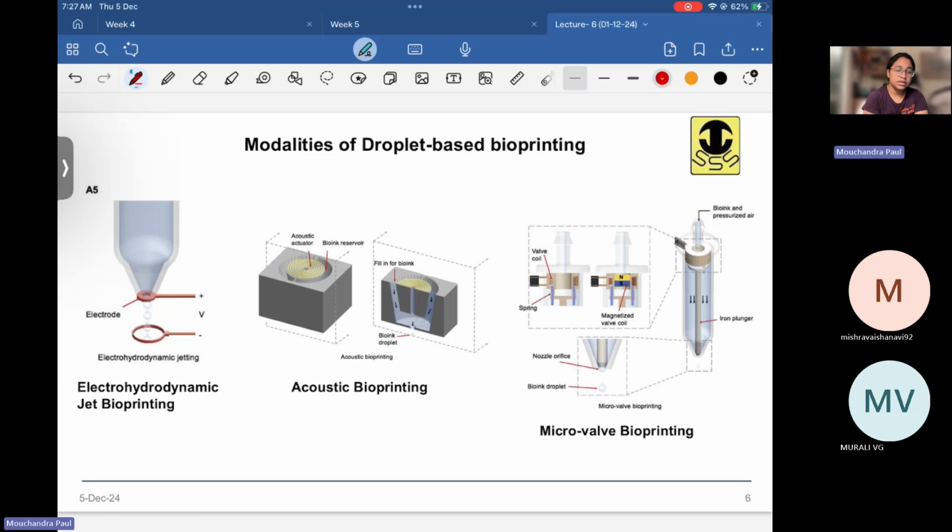And another technique that comes under inkjet bioprinting is electrohydrodynamic jet bioprinting. Here, what's happening? Here we apply an electric field. One end of the electric field, let's say the positive end, is connected to the tip of the nozzle. Another is connected to, let's say, the substrate.